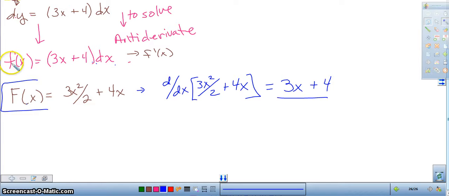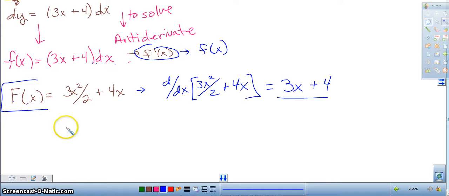Okay, so like I said, they use a little f for their differential equations in this section for a while, and then a capital F for antiderivative. A lot of times what I've been using is I use this notation for derivative, and then my antiderivative would be my original function, which is f of x, which they're all going to be the same thing here in a little bit, so don't let the capital freak you out too much.